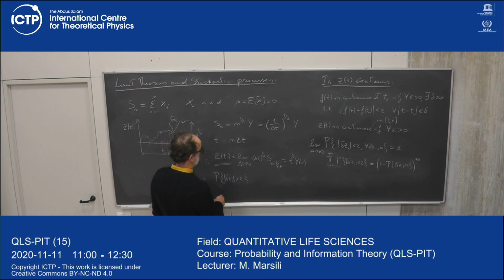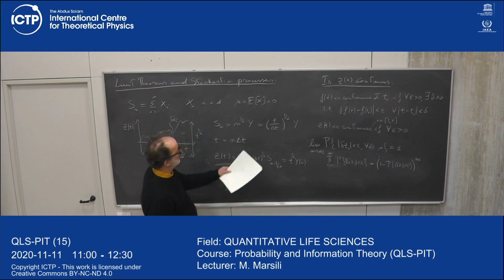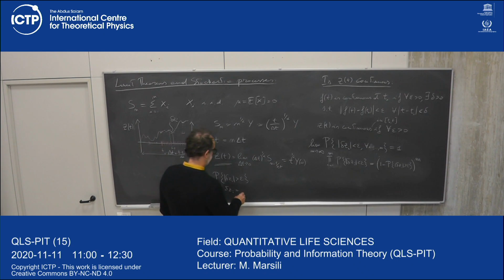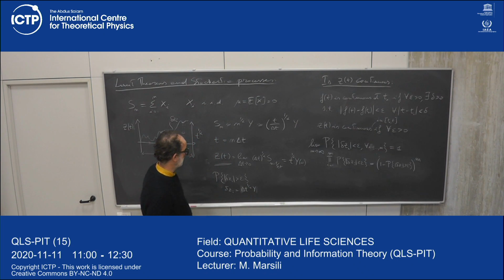Now, delta Zi is equal, because of this, to delta t to the 1 over alpha times a random variable y, which has the limit distribution, which is either the Gaussian or a Levy distribution.